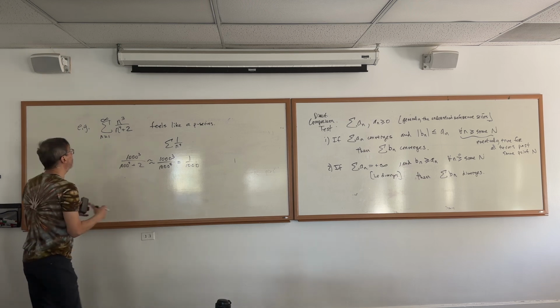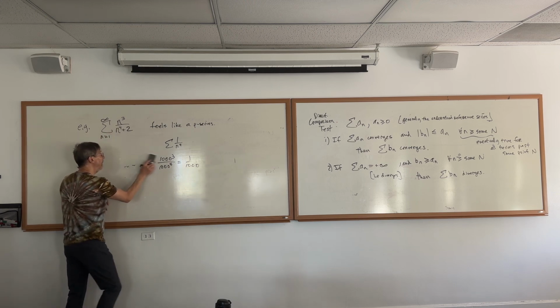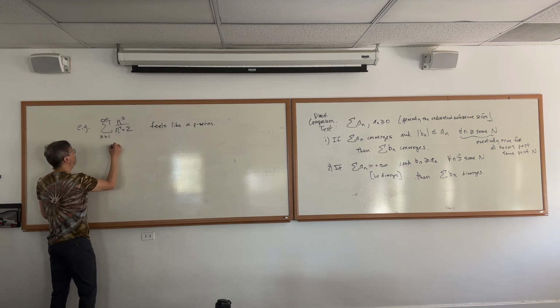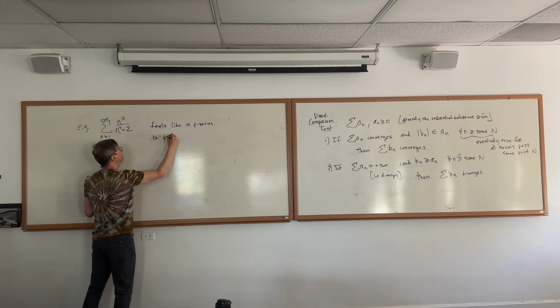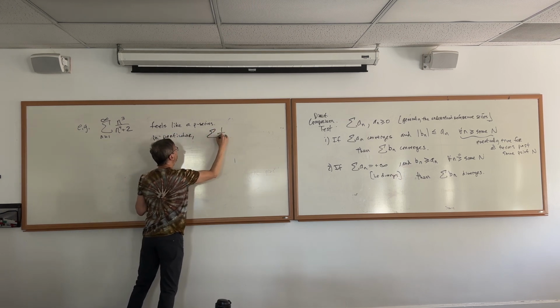So it feels like, and if I compare the powers, there's a cube on top, a 4th on the bottom. So it feels like the harmonic series. So it feels like a P series. In particular, it feels like this series.